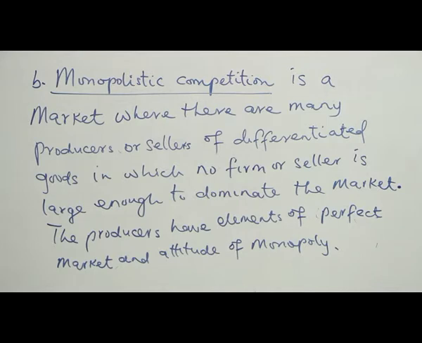They determine the supply that they want to take to the market. But the element of perfect market is that there is competition in this market. They are not behaving like a pure monopoly. That is, this market is not a pure monopolist, and it is not a pure perfect market. So they are in between perfect market and monopolistic markets.